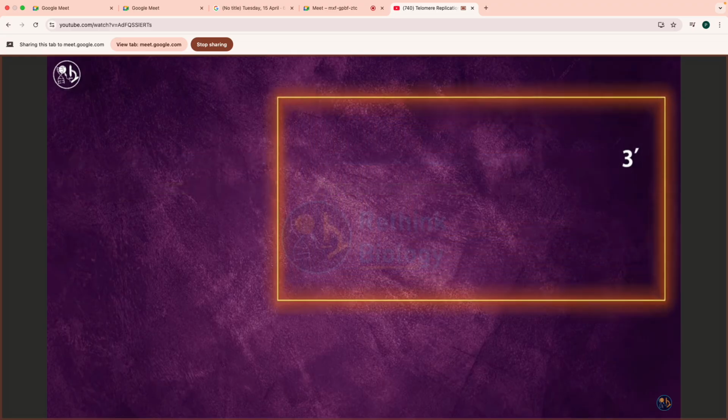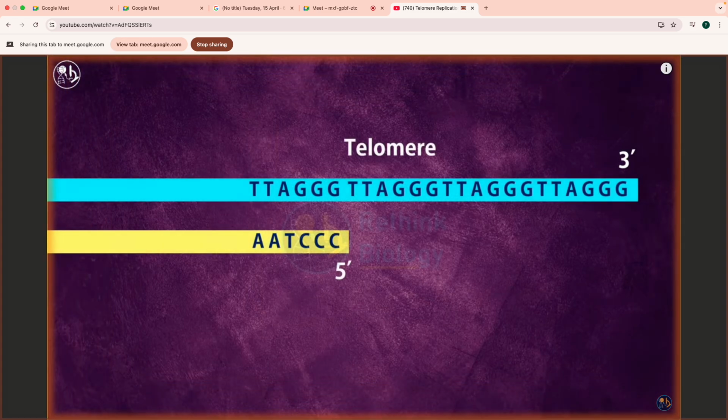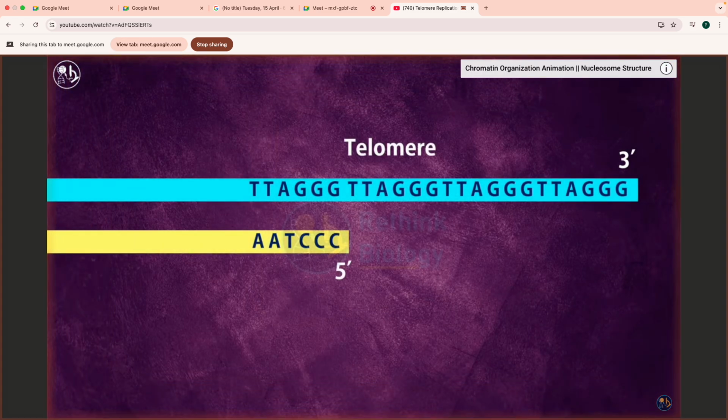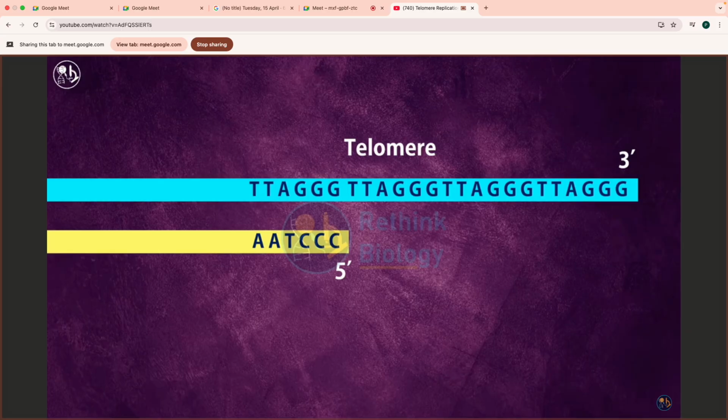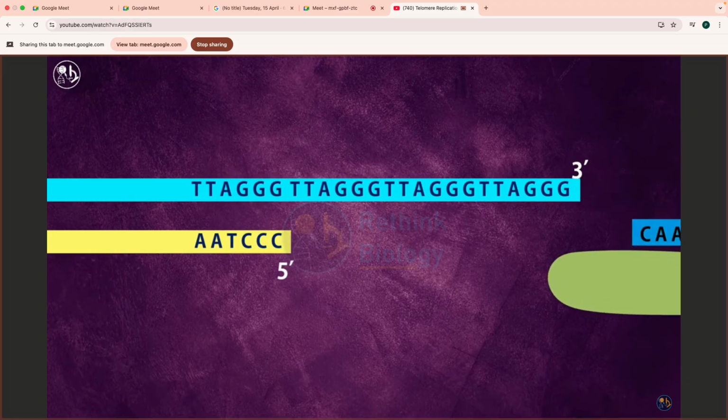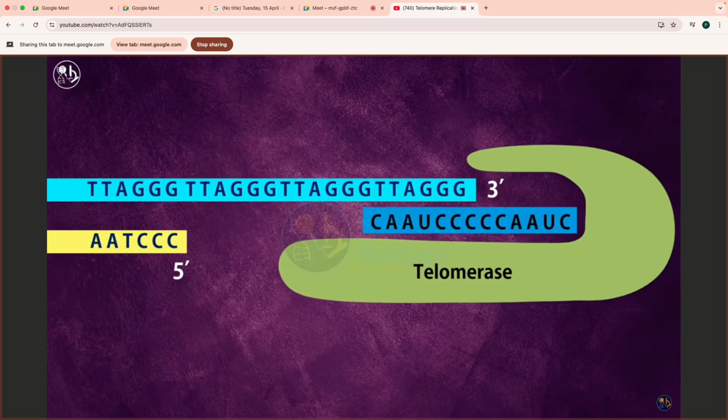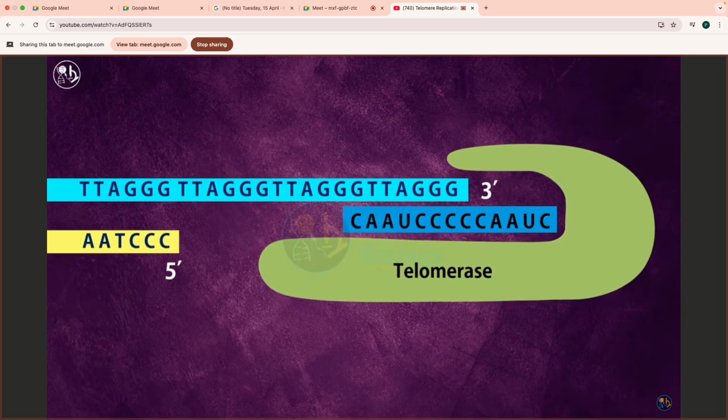Eukaryotes have long repetitive nucleotide sequences at the end of their chromosomes, which are termed telomeres. These telomeric DNA sequences contain a guanine-rich series of repeats which is recognized by telomerase. The telomerase carries a short piece of RNA template complementary to the DNA repeat sequence, which acts as a template for telomere DNA synthesis.